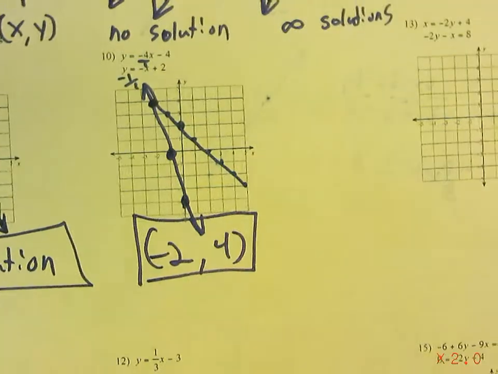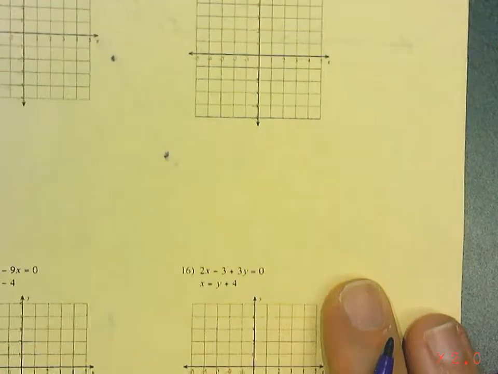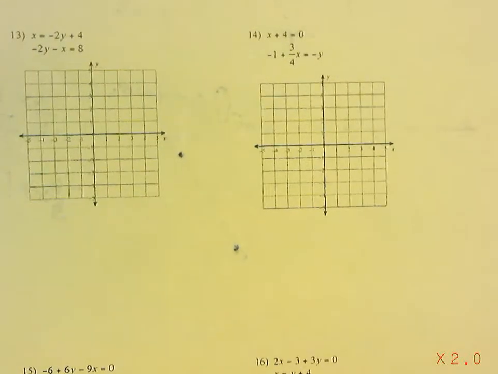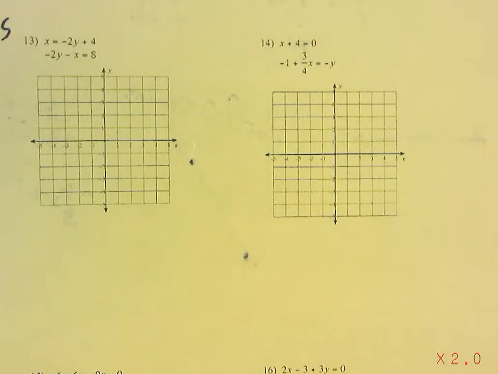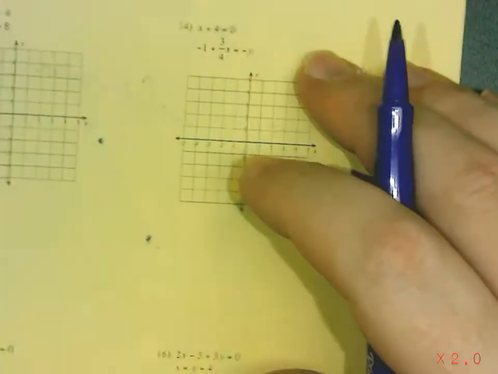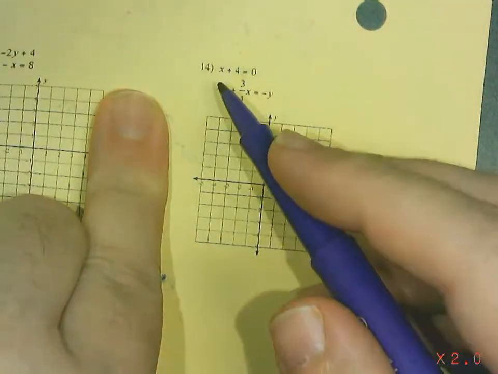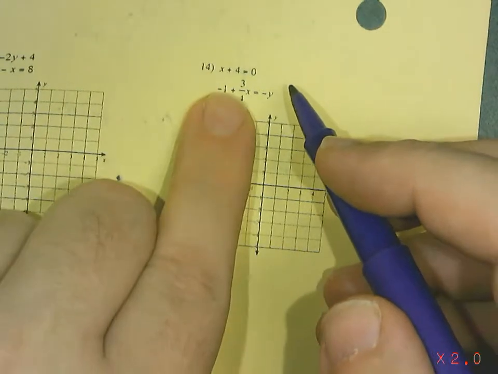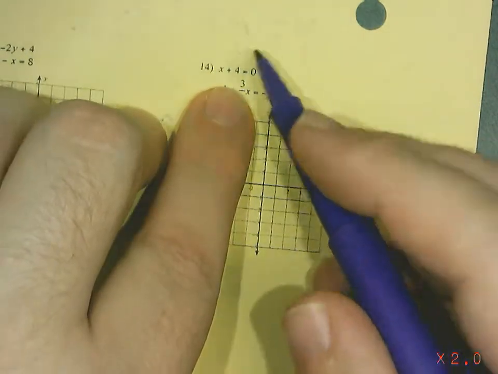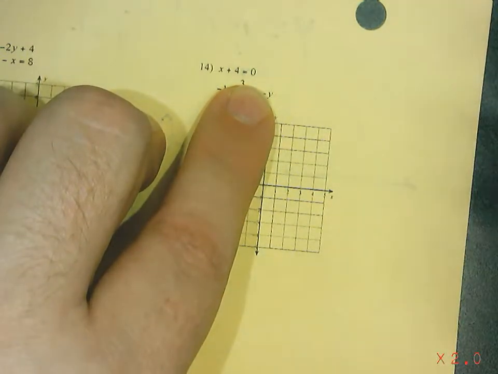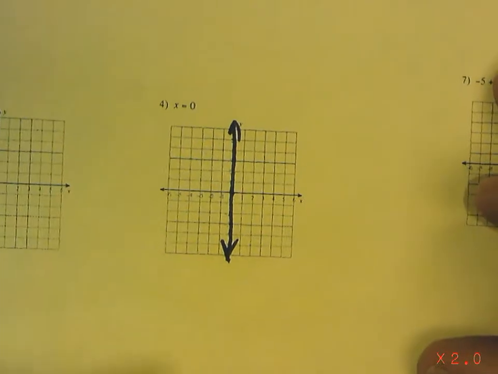Okay, not too hard, right? And then the last type of problems you'll run into on this review are going to be the systems where you have to solve for y. So let's look at number 14 here. So 14, we have x plus 4 is equal to 0. Now this one is a little bit different because there's no y to solve for, right? But remember, there is a certain type of equation that I didn't have to solve for y, or that didn't even have a y.